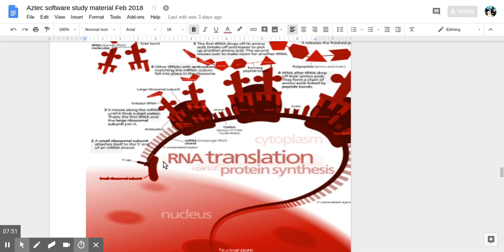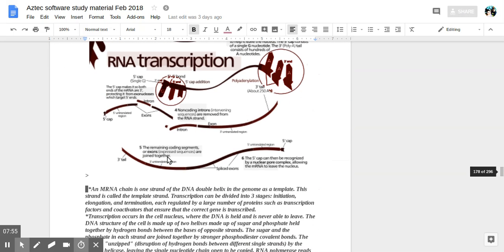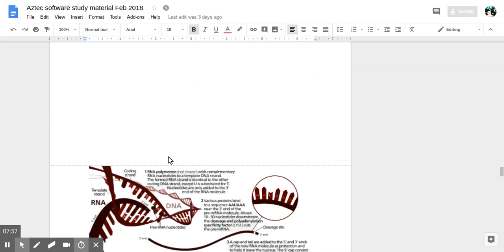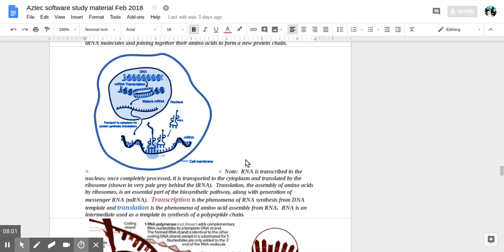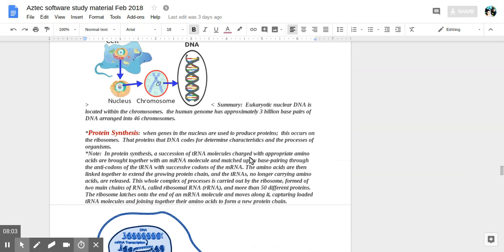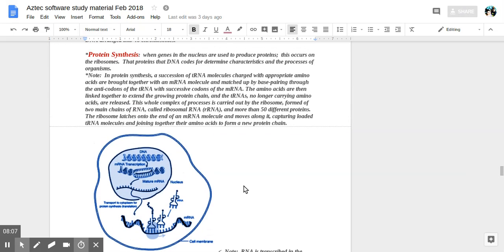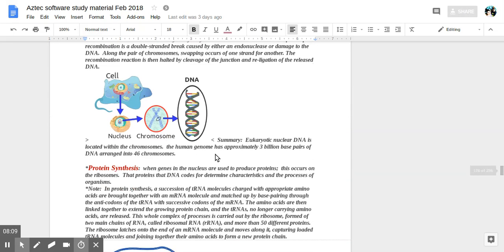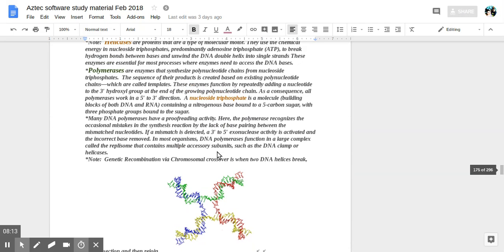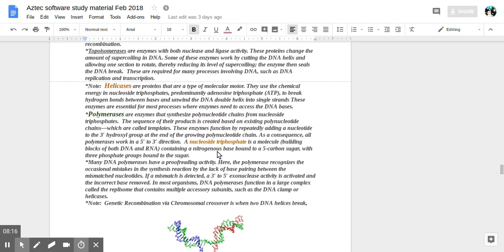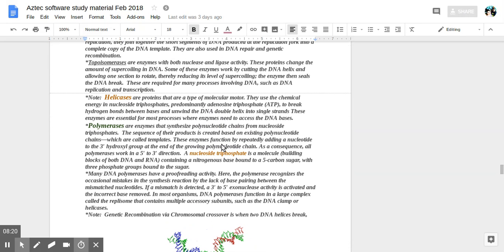The bases, as we learned earlier, are adenine, guanine, cytosine, and thymine. Those are the 4 bases in DNA. When DNA is transcribed into mRNA, the thymine changes to uracil. The other 3 are the same.